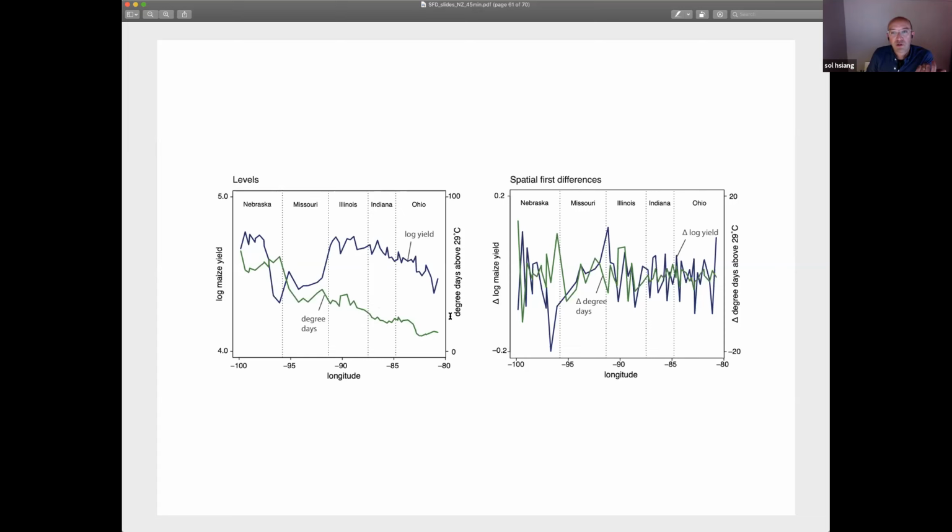In a sense, we're filtering the data and removing all the slow variation, and we're going to just rely on these little bumps up and down. That's all that remains after differencing. So you're basically looking at the noise in your degree days as the identifying variation. And so it doesn't actually require that the treatment of interest is moving wildly.